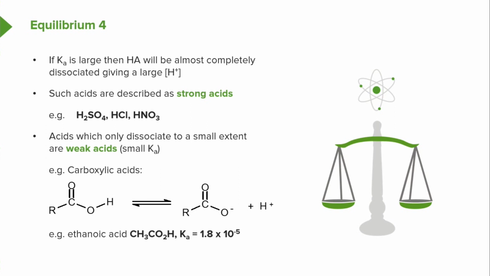But for the moment, hopefully you can appreciate that where we have an organic acid, such as the carboxylic acid shown in this particular case, the actual preference is largely for the formation of the acid and not dissociation to the conjugate base, or carboxylate, and the H+, which is obviously the measure of acidity. A good example of this is ethanoic acid. So this is given as CH3CO2H, where the Ka is 1.8 times 10 to the minus 5, considerably smaller.